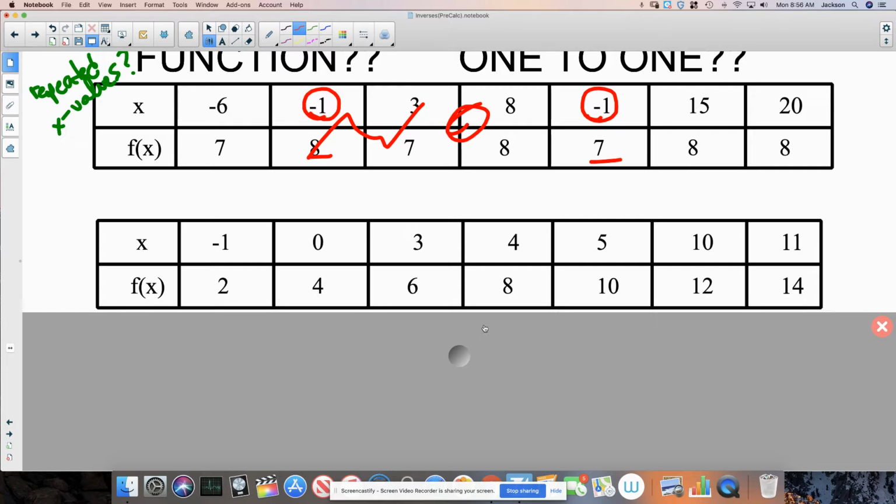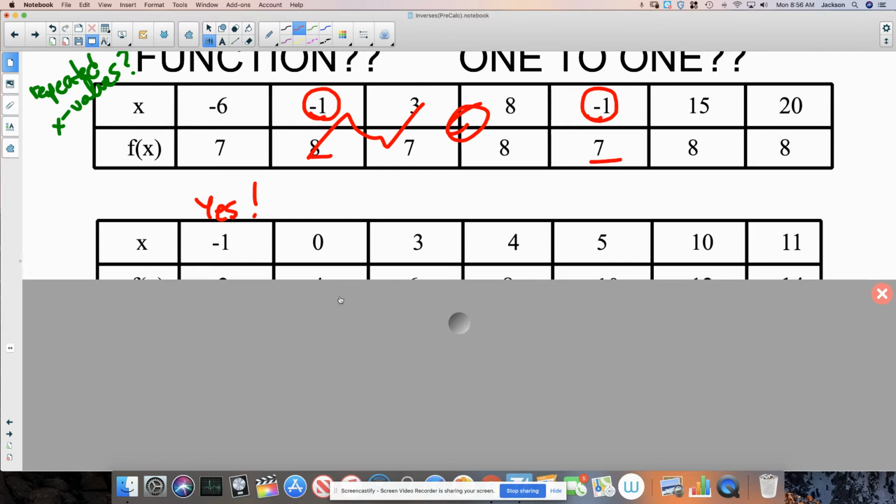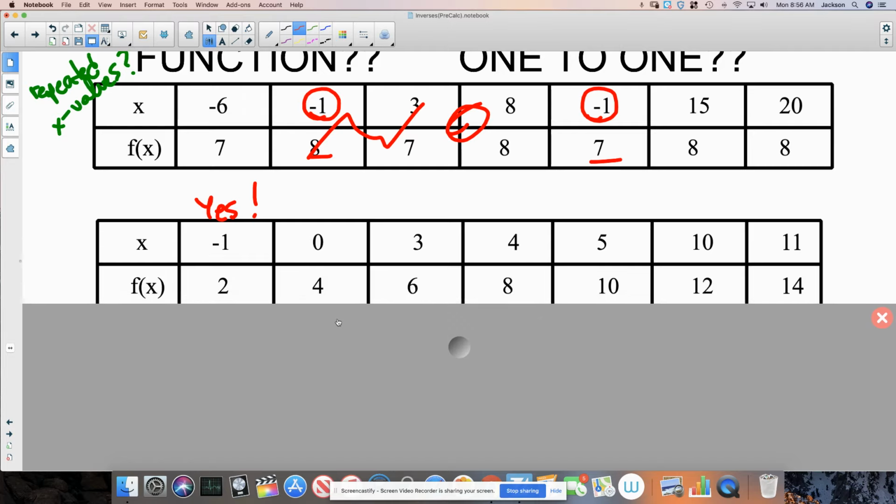Okay, let's go to this next one. Here's our table, right? Where do we look? First of all, is this a function? We look here. Do we see any repeated x values as we scan through here? No. Okay, so is it a function? Yes, it's a function. Is it one-to-one? Remember, one-to-one-ness, for lack of a better word, is looking at the repeated y values.